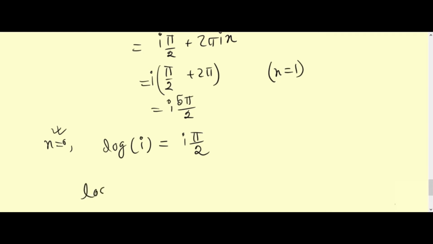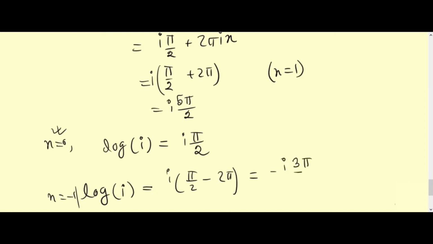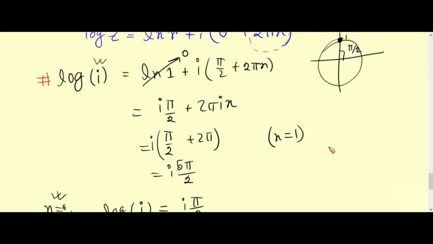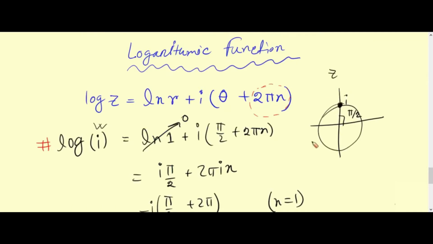You can even take n equals minus 1, and you can see that log of i will be i pi by 2 minus 2 pi i, which is just minus i 3 pi by 2. Since the multivaluedness of the logarithmic function is clear, and we can see that if we complete a full circuit around 0 we get multivaluedness, we can safely say that this 0 point is a branch point of our logarithmic function.